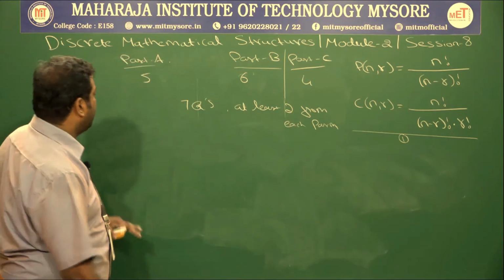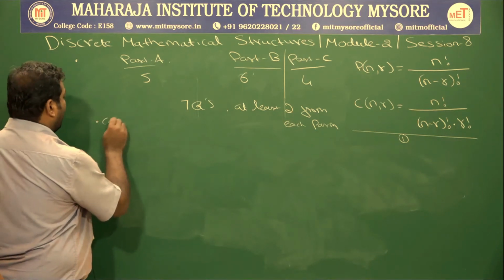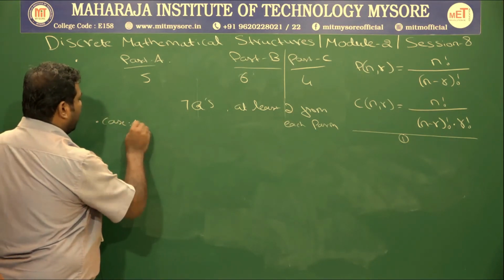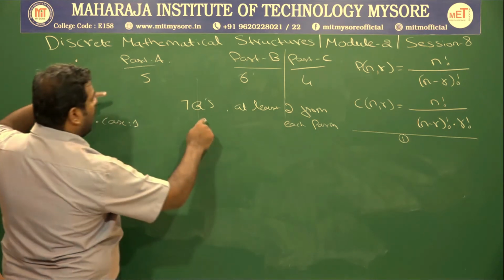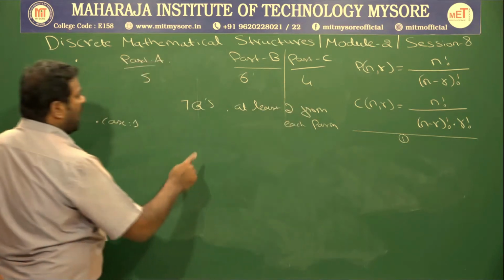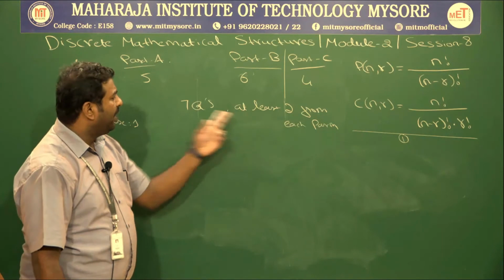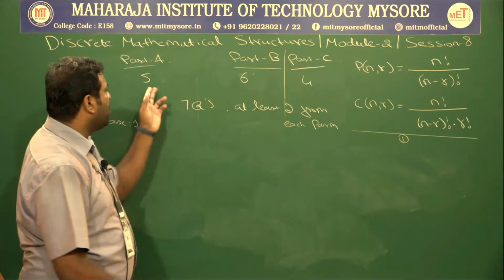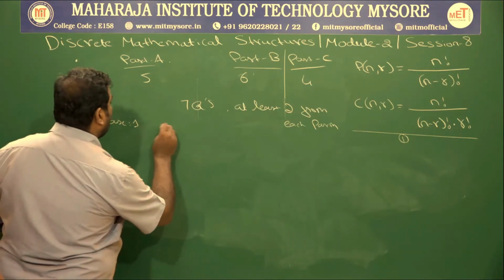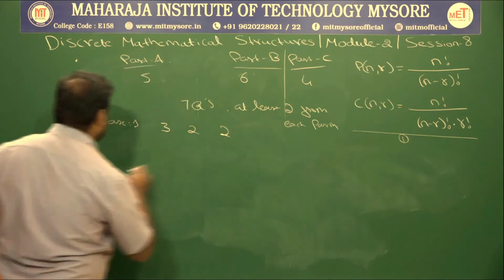The very first way, let me say it as case 1. In case 1, if I'm going to answer 2 from part B and 2 from part C, 2 plus 2 is 4, so the remaining is 3 questions. I need to answer 3 questions from part A. So it is 3, 2, 2 for case 1.